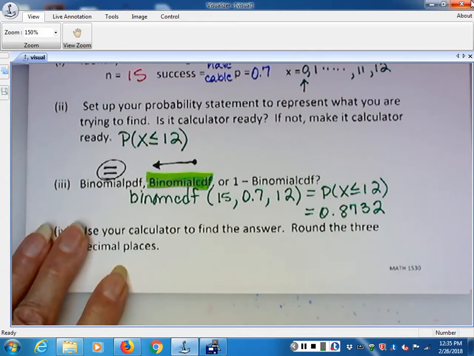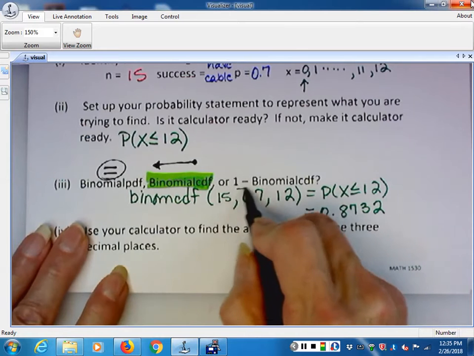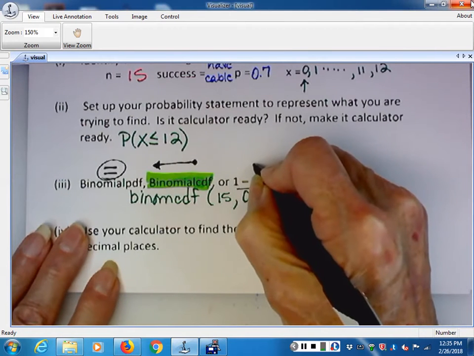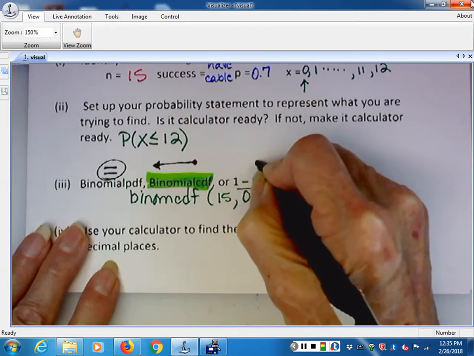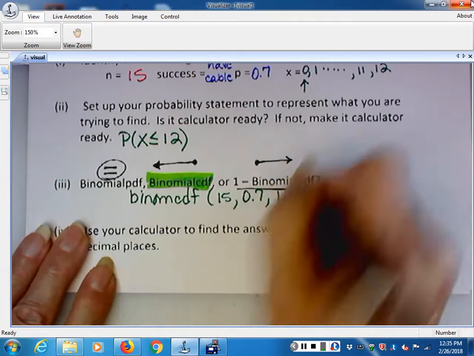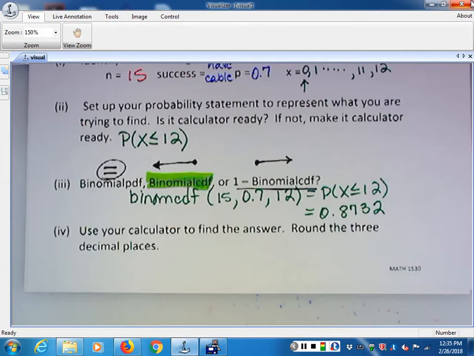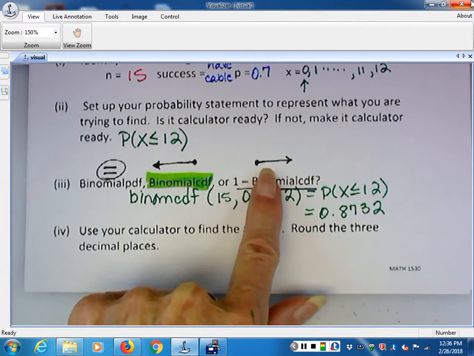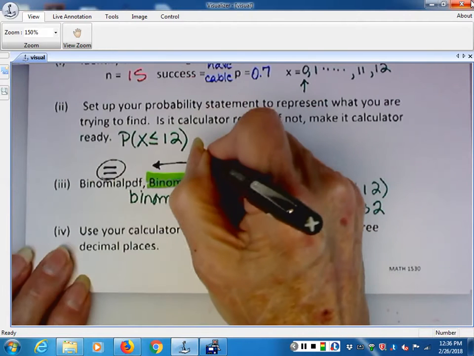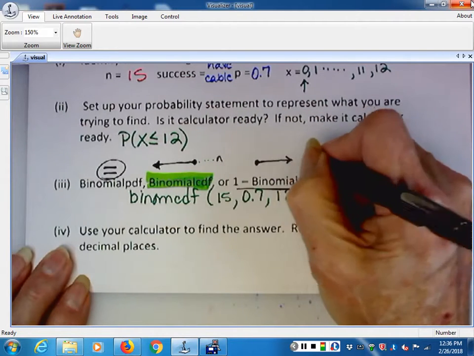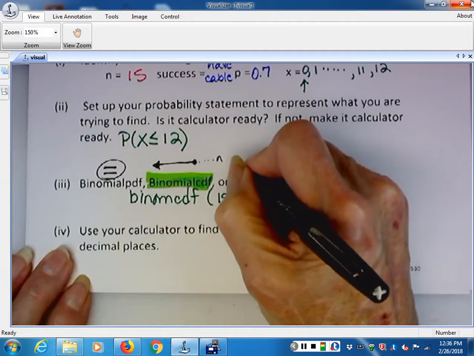Okay? That means 1 minus binomial CDF actually starts with a bottom number and goes up. Okay? You still have to put the numbers in the same order. It's the subtracting this from 1 that causes it to be the other side. Because what happens here is this goes on up to n, and this one goes up to n, but it went down to 0.